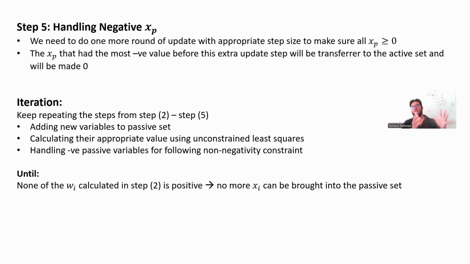That means all other xi will remain 0, meaning that they will be in the active set, and the xi's that are in the passive set will not update anymore. Basically, they are already in the passive set and they have positive values, right? You have already solved them using the unconstrained least squares. So you have some 0 x's and you have some positive x's now, and that's it. You are done. You can no longer bring any xi from 0 to positive.